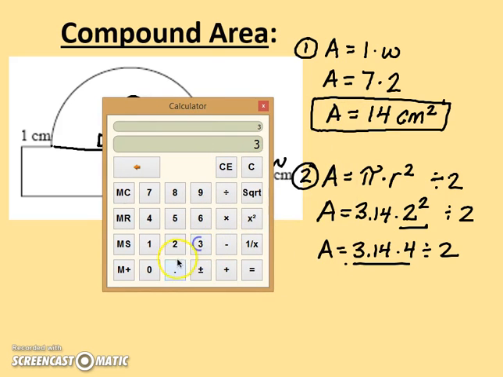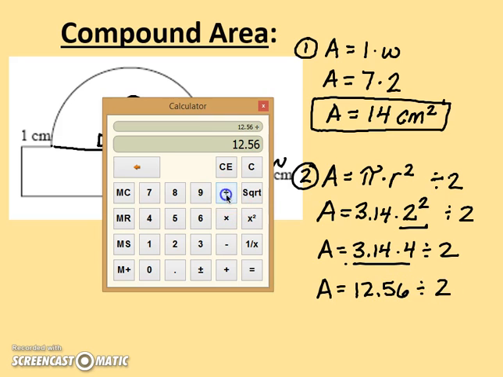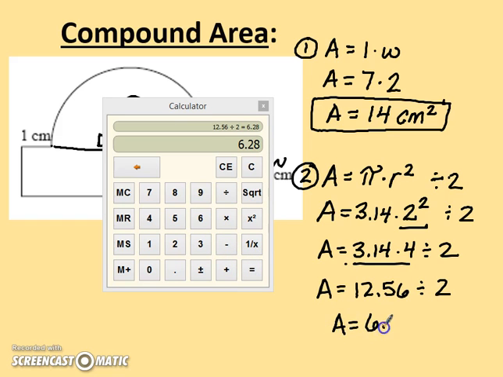Notice that even though I'm using my calculator, I am still showing my work. 3.14 times 4 is 12.56. And last step, I need to divide that by 2, and I get an area of 6.28 square centimeters for that half circle.